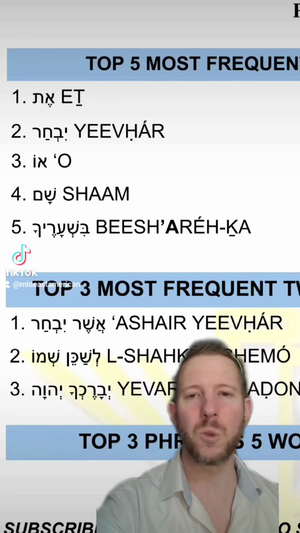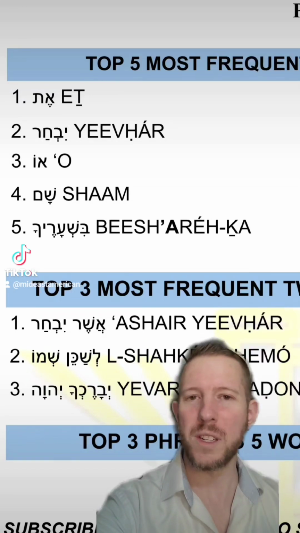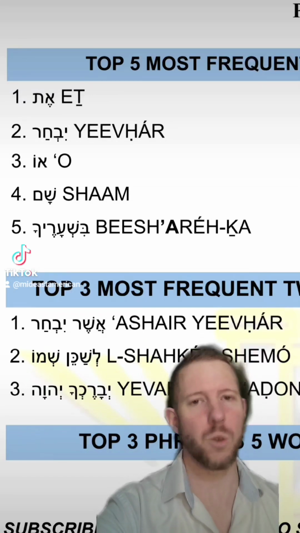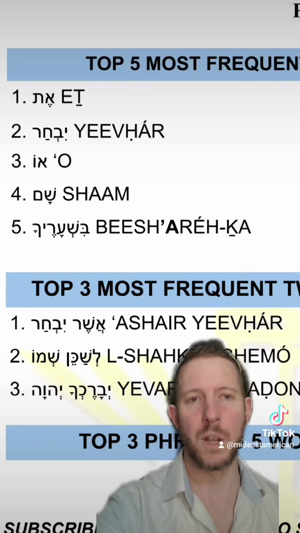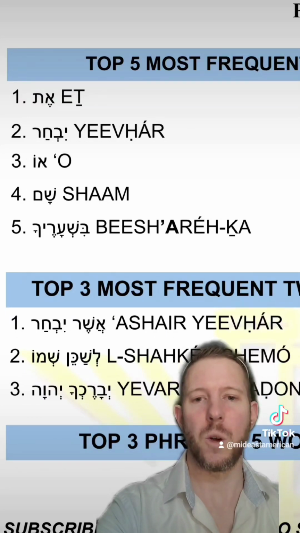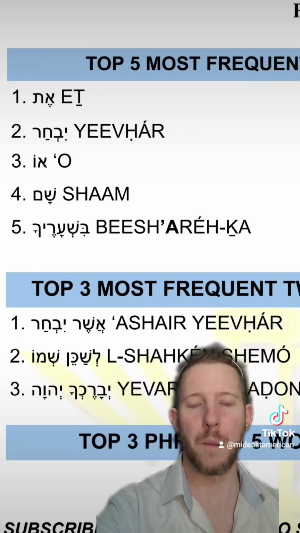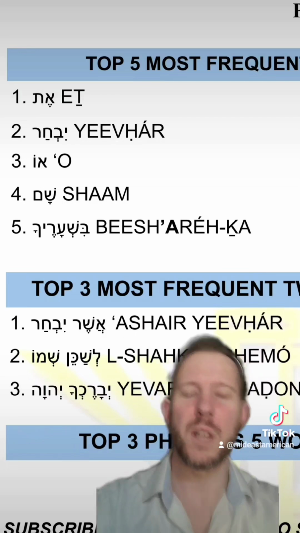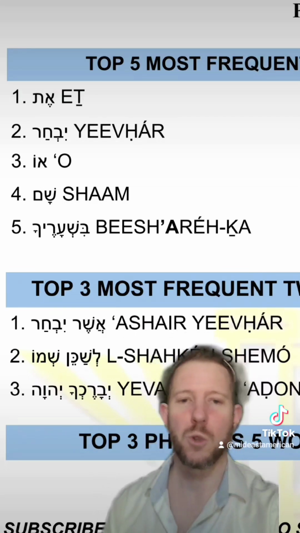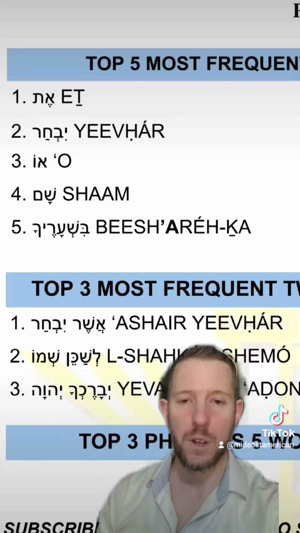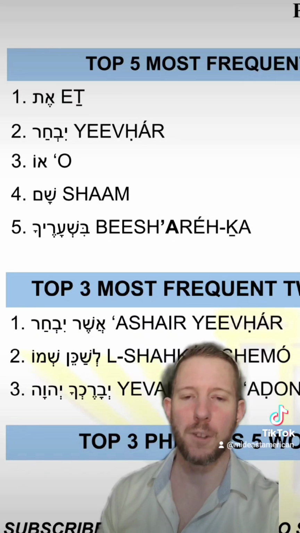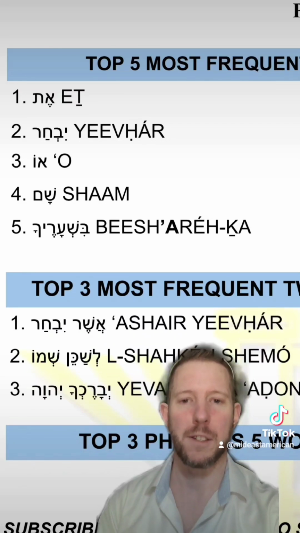It has nothing to do with the inherent, intrinsic worth of the place or of the people, such as the people of Israel, but rather the uniqueness and the chosenness of its purpose, its task. So Asher Yivhar refers multiple times in this week's Torah portion to the unique place that the Creator would choose and select for his name to rest for eternity, as we see in the writings of the prophets.